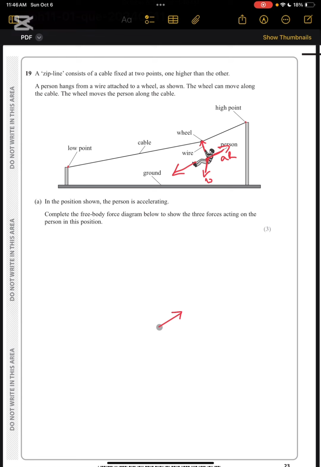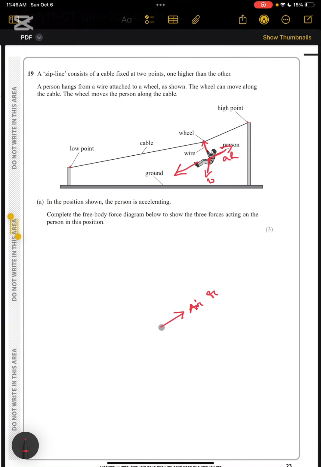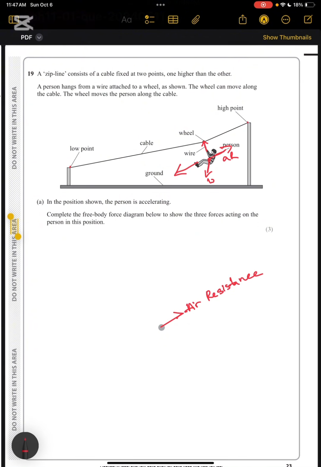This is the air resistance that is acting on the person, and this is the force from the wire that is acting on the person, and there must be a weight acting.